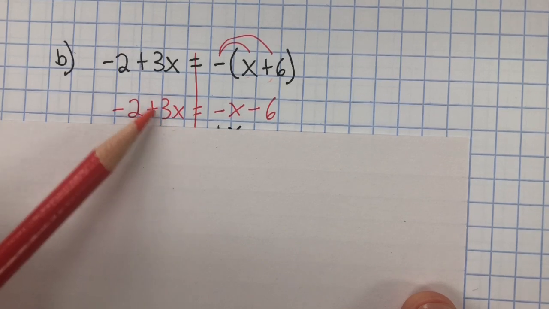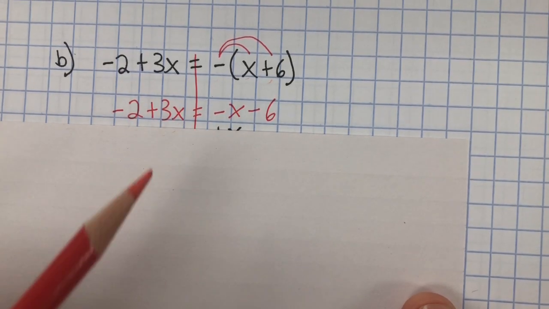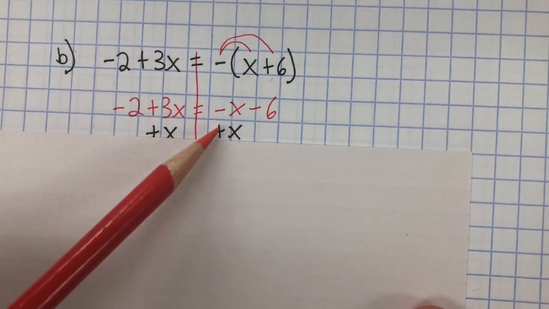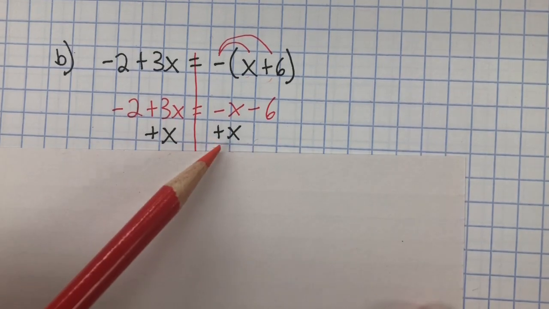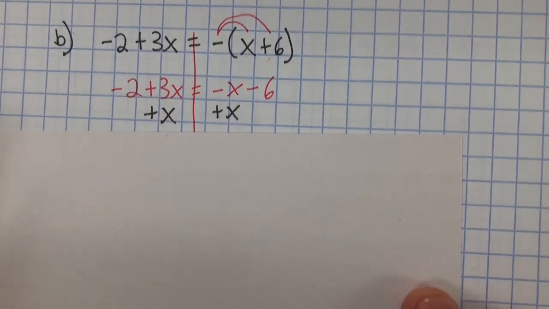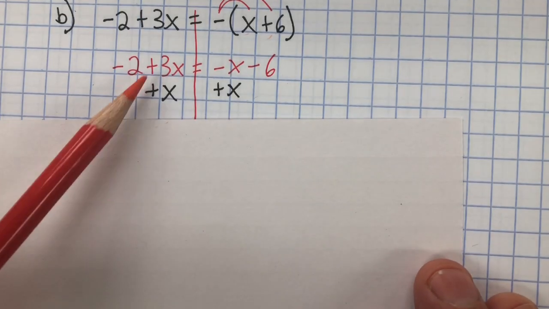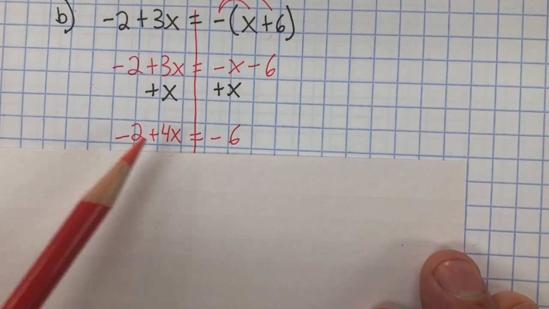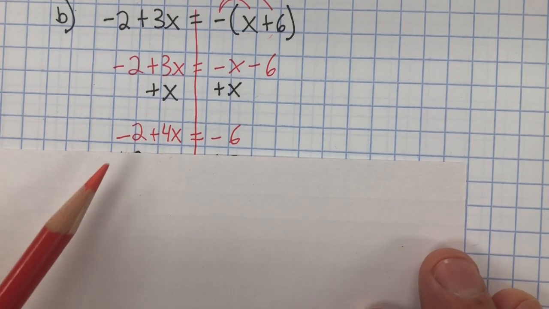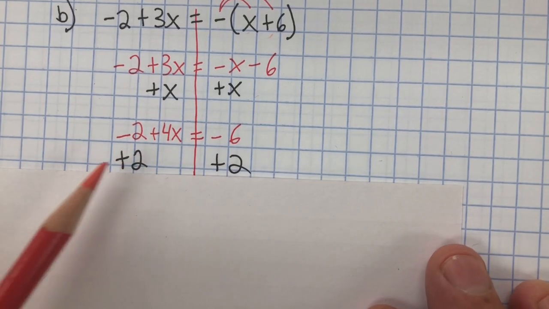The left side has a greater amount of x's, so we're going to do the inverse property of subtraction and add x to both sides. That created a zero pair. Then we have 3x plus x is 4x. Inverse property of subtraction is addition. We add 2 to both sides.